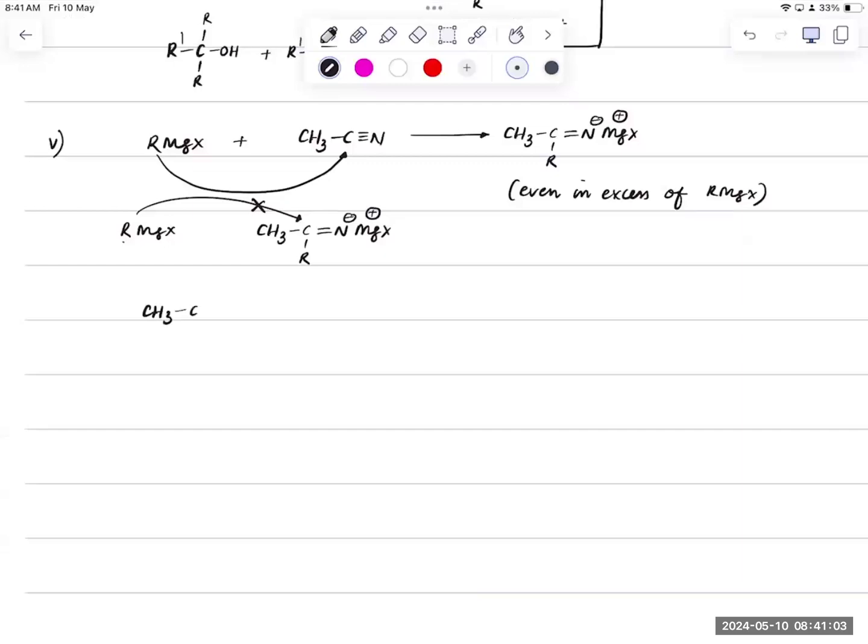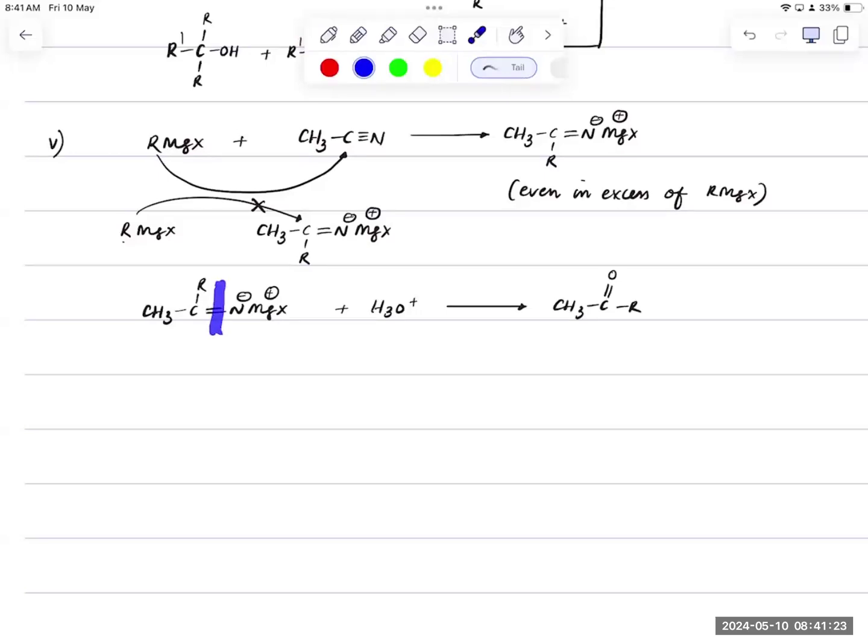Now once you get this R double bond N minus MgX plus, if you hydrolyze it, we will get CH3C double bond OR. Basically, this entire group will get hydrolyzed.